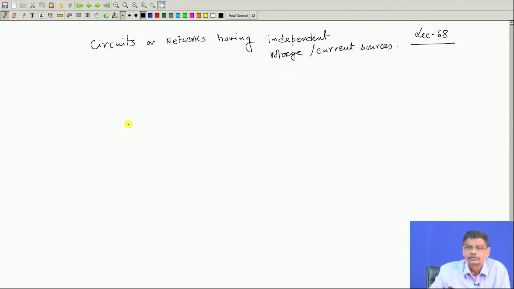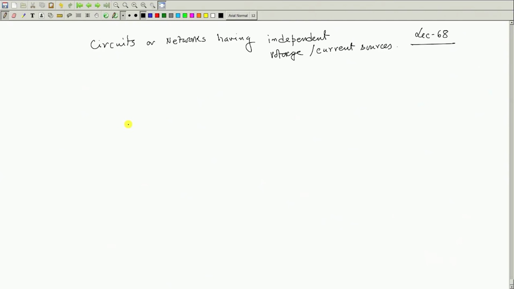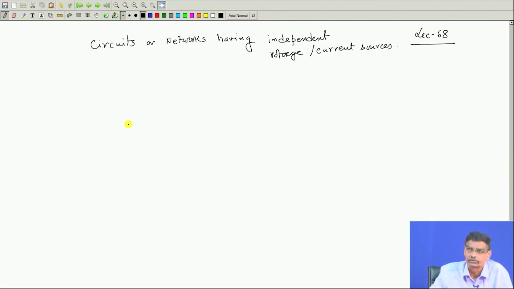Similarly, whatever current sources are connected in the circuit, if it is an ideal current source, the current in that branch is independent of what you connect in other branches, or does not depend upon the parameters which we have connected to form the network apart from the sources. So that is why those sources are called independent voltage or current sources.